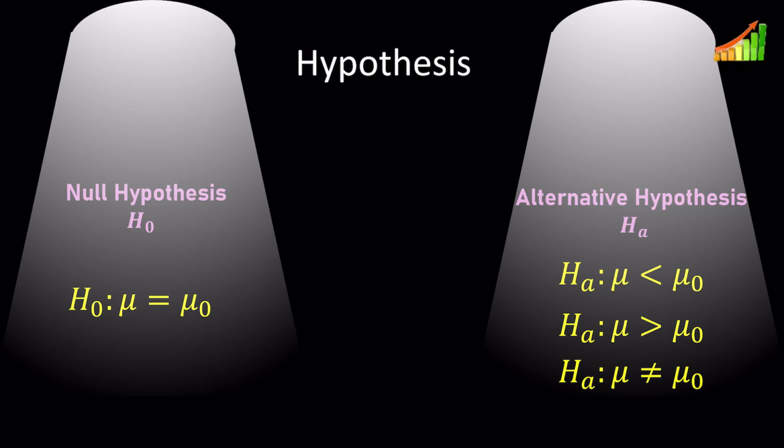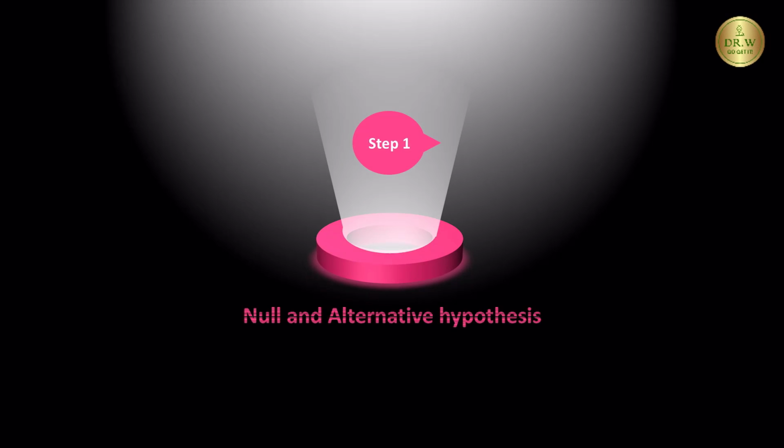Now let me explain the steps of the test for a population mean. Step 1. First, read the problem very carefully and identify the null and alternative hypothesis. As I mentioned before, there are three cases for the alternative hypothesis.